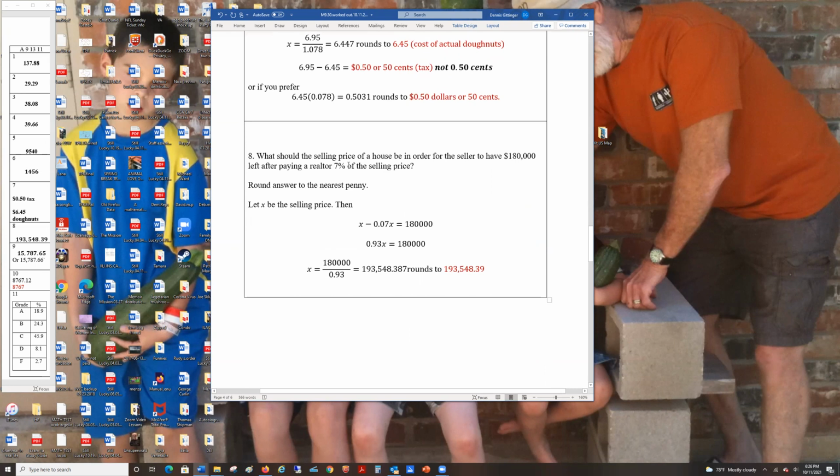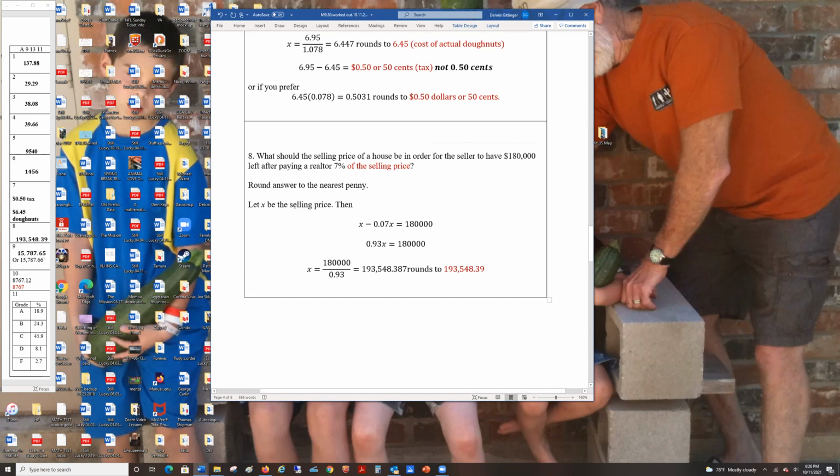Notice that the realtor gets 7% of the selling price, and that is not 7% of the 180,000. So a lot of people will take 7% of 180,000 and add that on to 180,000. It's not going to work because that bigger number is what the realtor gets the 7% of.